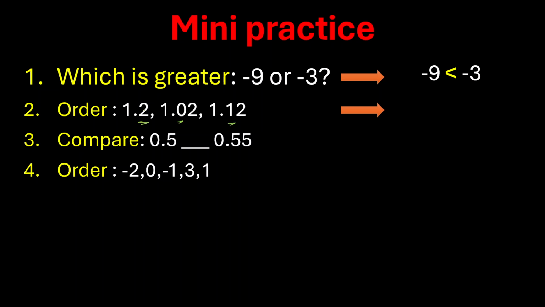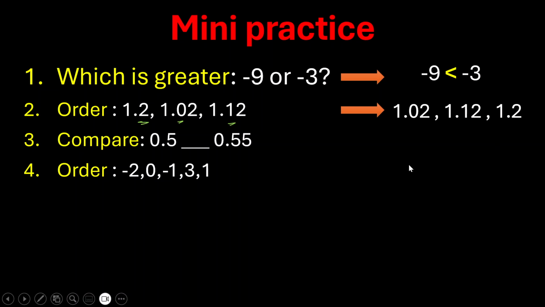So here 0 is the smallest, and then 1 and then 2. So this is the answer. So the smallest 1.02, smaller than 1.11, or 1.12, sorry, and smaller than 1.2.